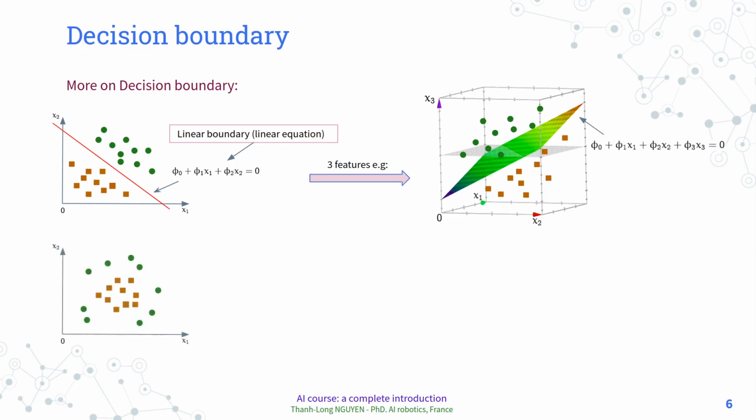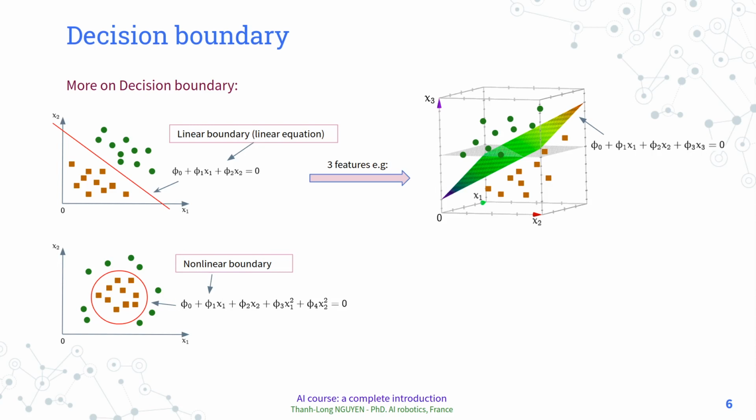Or look at this example. If the data points are distributed like this, then a straight line can never separate the data points, but the decision boundary should be something like this. It is definitely a nonlinear boundary, and its equation looks like this one, where we have to add polynomial features x1 squared and x2 squared.